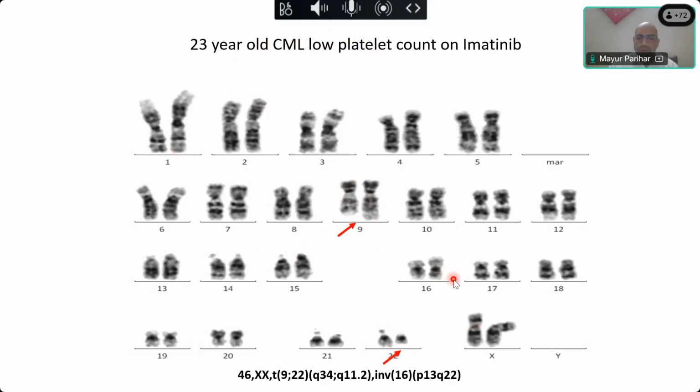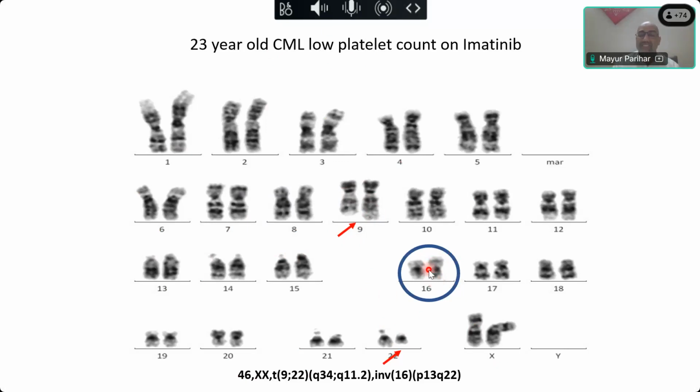What we also found was that this patient also had an inversion 16. So we called the doctor and said, hey, this patient also has an inversion 16. So there is a genetic evolution that has happened, and this patient, though still not in blast crisis, would be going into a blast crisis.